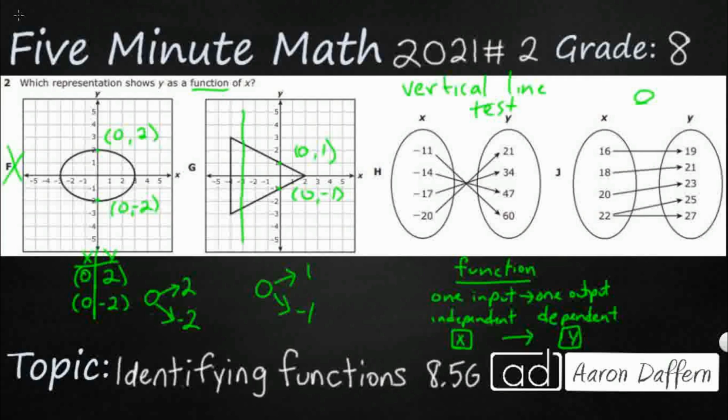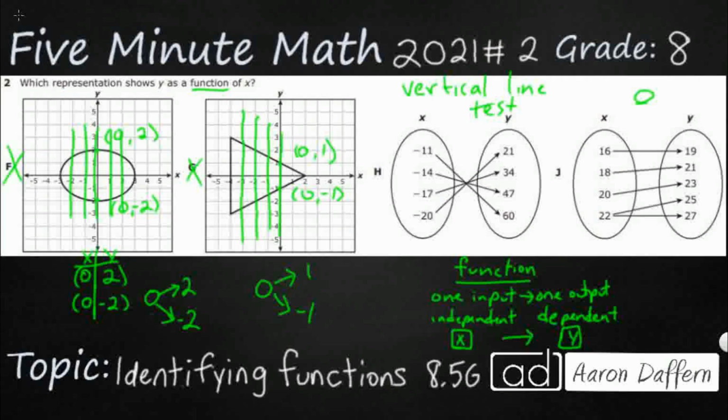And if you don't cross the graph twice, then you're good. You see I keep crossing the graph twice. It fails the vertical line test because I keep drawing these lines that have the same x all the way down, just different y's, and I keep crossing that graph twice, which means G and F are out.